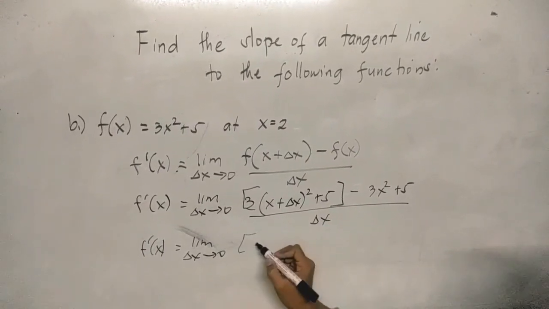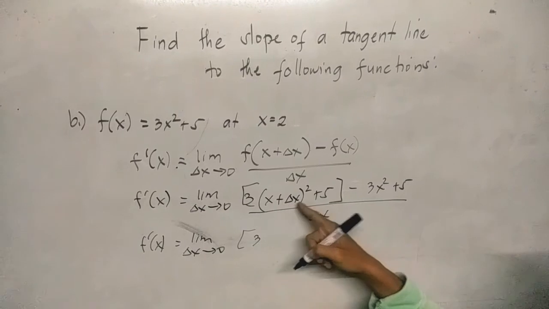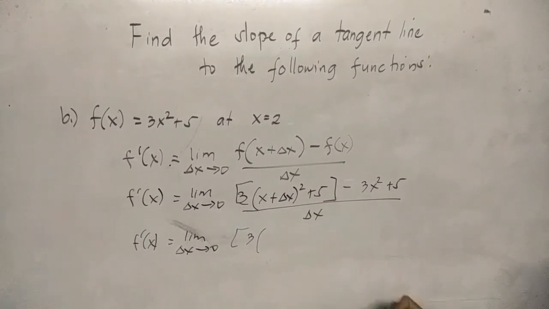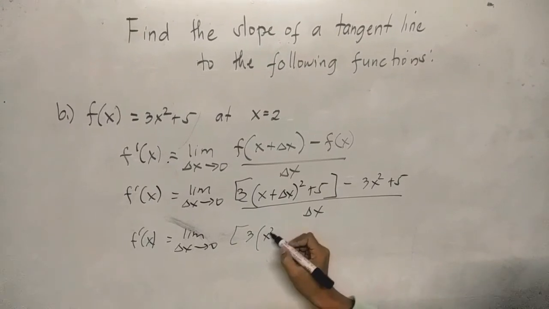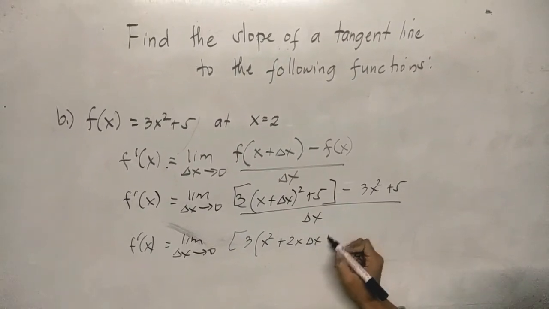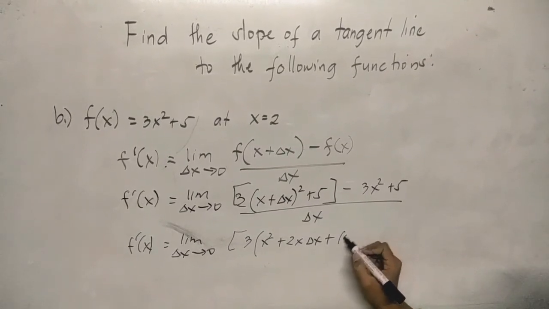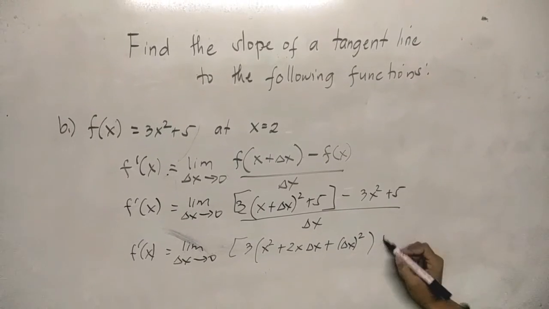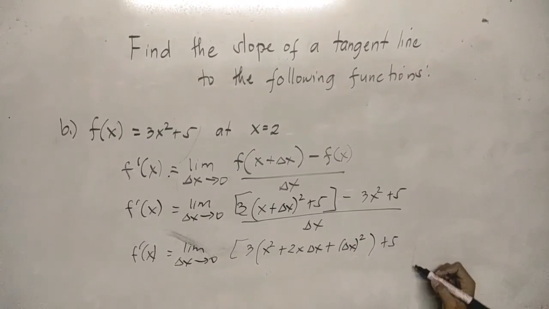So 3, so x plus delta x squared is equal to x squared plus 2x delta x plus delta x squared, then plus 5.